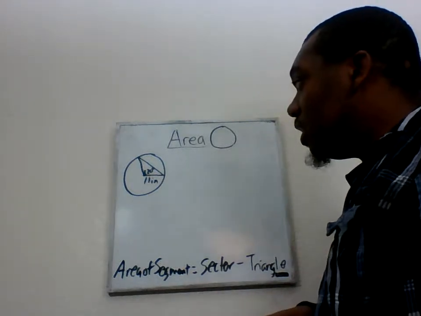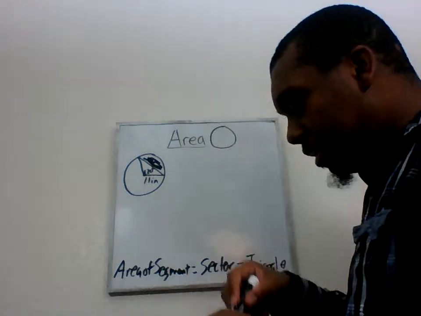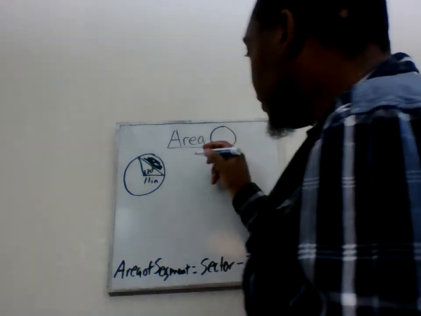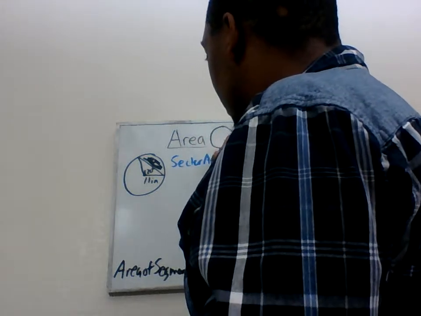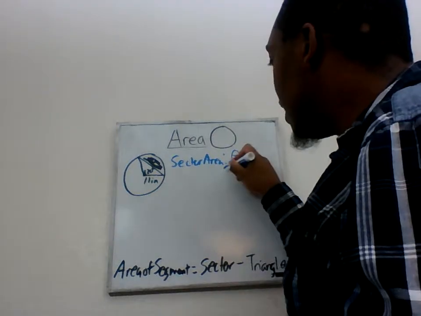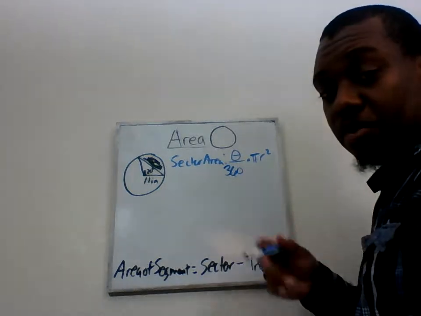Okay. Well, when we're looking for this segment here, the shaded area, we know that the sector area is equal to the measure of the central angle divided by 360 times pi r squared, pi times the radius squared.